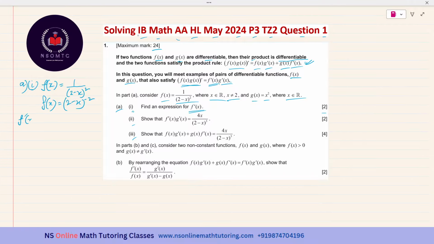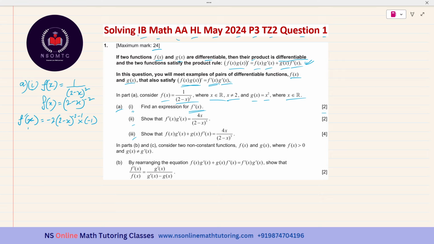So therefore, f dash x will be equal to, the power comes down, negative 2, and then 2 minus x gets raised to negative 2 minus 1. The power gets reduced by 1, and then the derivative of 2 minus x is negative 1.